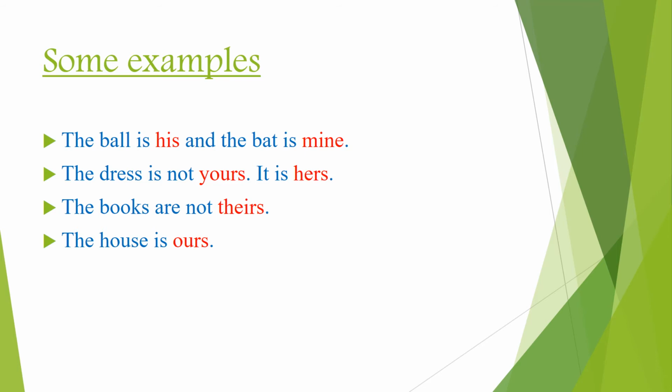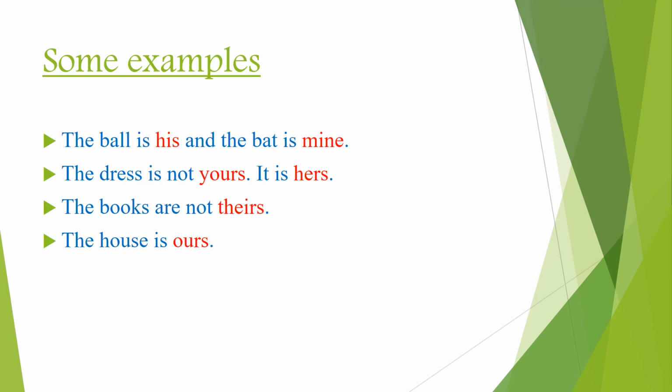Sentence number 3. The books are not theirs. So I'm directly talking about the third person possessive pronouns. Theirs is the third person plural form of possessive pronouns. And the last sentence is very easy.